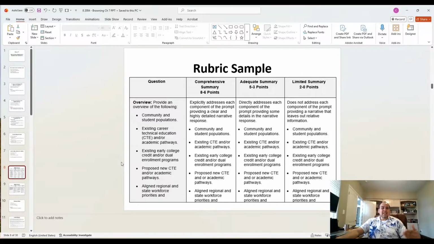The people writing the grant, like you, have the rubric, and the people grading you have the rubric as well, okay? And this is what you have to do generally, like 8 to 6 points, is address each component, right? Provide clear and highly detailed narrative responses of community and student populations, existing pathways, existing programs, proposed new pathways, and aligning regional and state workforce priorities.